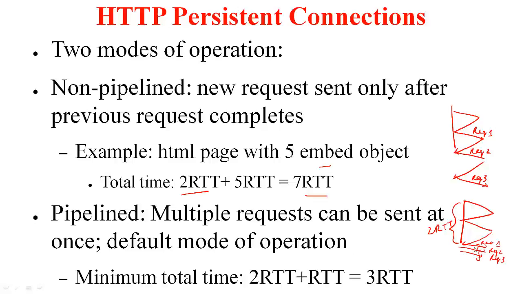And because these requests are very small, you can potentially send all of them in the same TCP segment. And then from the other end, you may also get all the responses within the same TCP segment. Or even if they don't fit within one single TCP segment, if your window size is sufficiently large, you can potentially send them all back to back and you'll get responses accordingly.